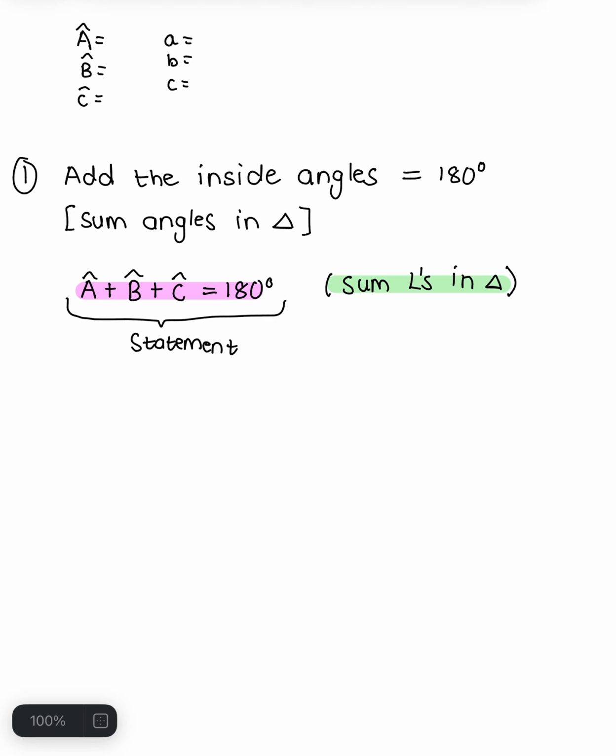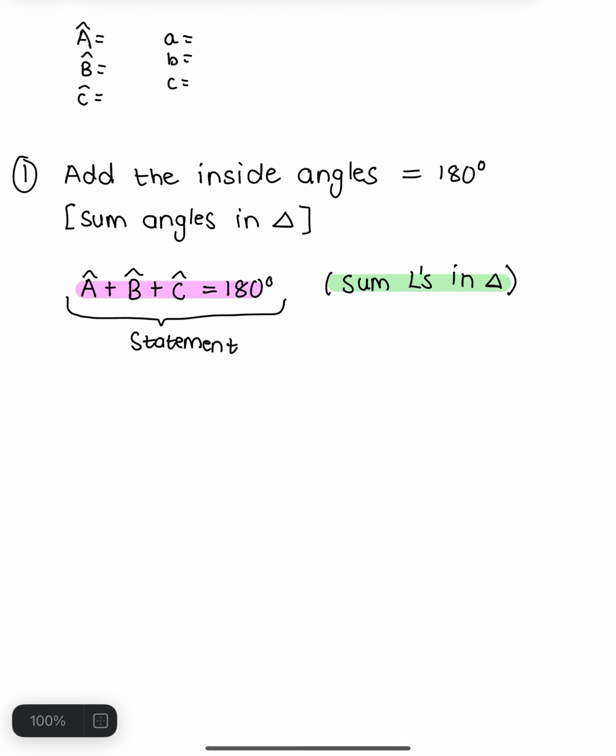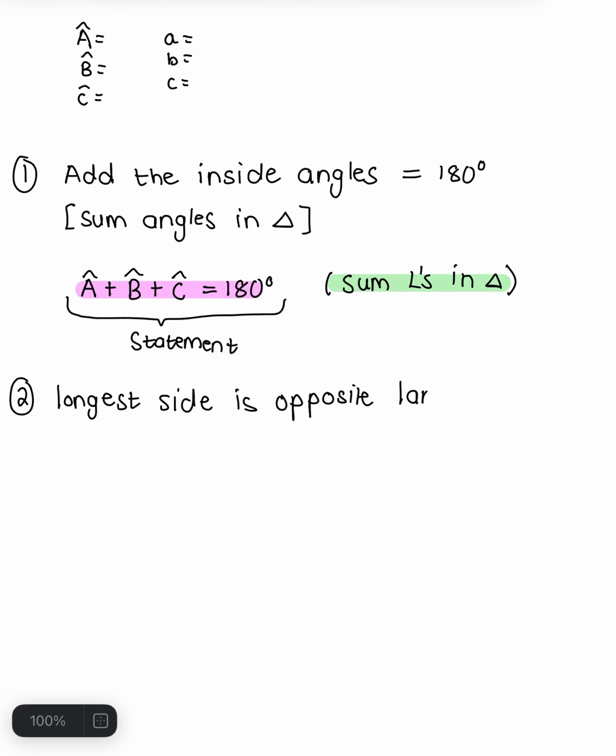The next property that I think we need to remember is that the longest side of a triangle is always opposite the largest angle. All right, so that's something else we need to remember, is that the longest side of the triangle would always be opposite the largest angle.